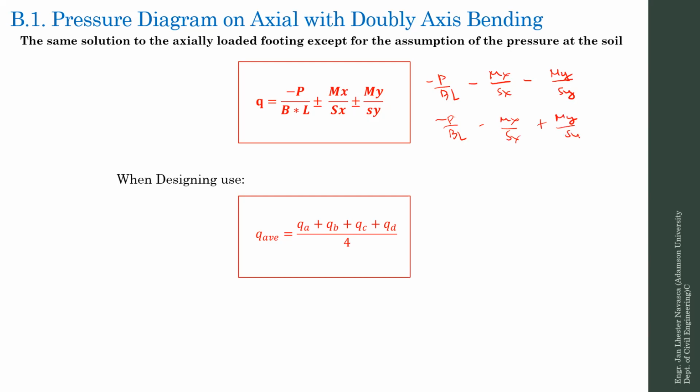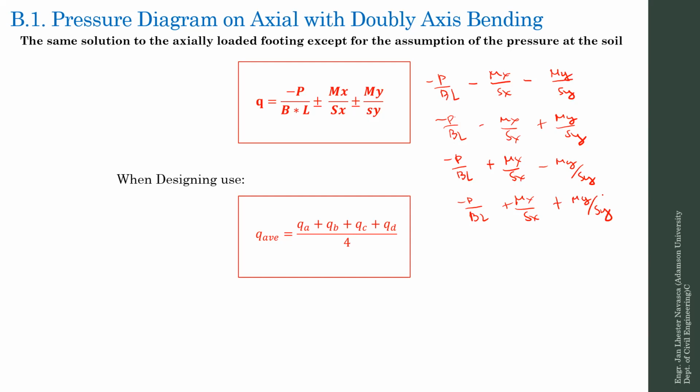Then pwede naman isa na positive Mx over Sx, negative My over Sy, and lastly negative P over BL, positive Mx over Sx, then positive My over Sy. Okay, so yan yung mga cases.